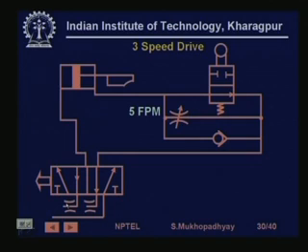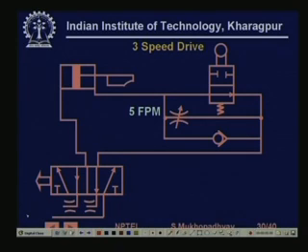Another application is a 3-speed drive. In the 3-speed drive we can quickly see what we are doing. Suppose actually this is wrongly connected, it should have been here and this one should have been here. So, when it is in this position, then air flows like this, it goes through this, passes through the check valve.